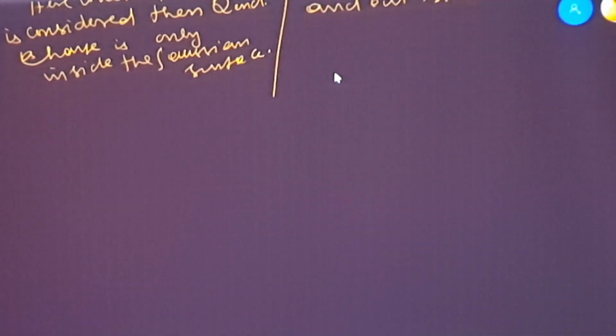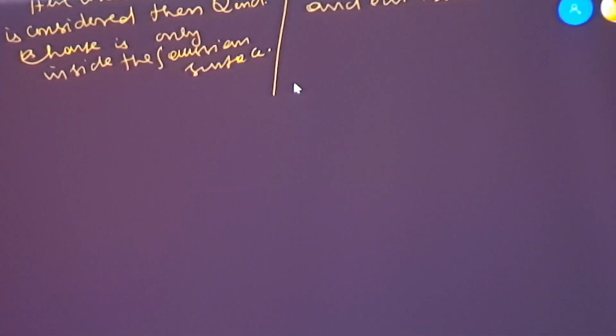What is the next point? When you are taking the Gaussian surface, the Gaussian surface cannot pass through a discrete charge.